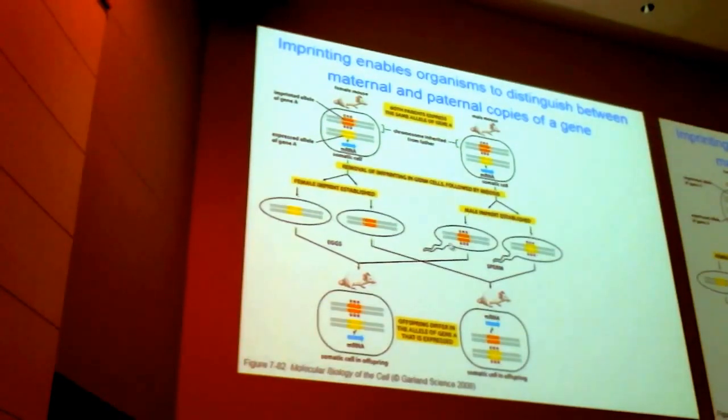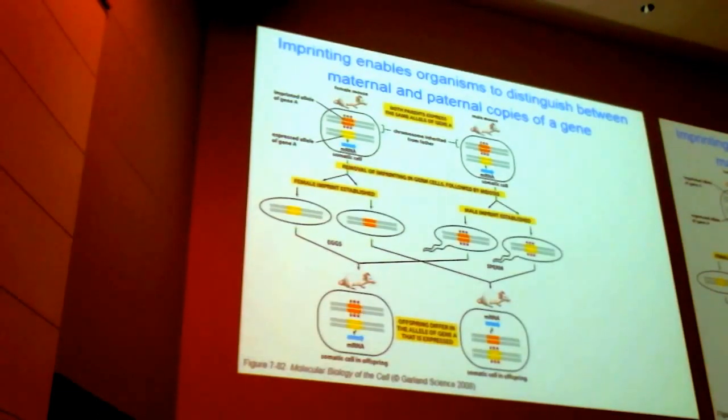Whereas in the male, you get imprinting where you have a methylation mark in all copies, both the paternally and maternally acquired. So in the next generation, the same thing gets reconstituted irrespective of what the color is. If this is orange or yellow, it doesn't matter. It only matters where it came from. If it came from the mother, it gets expressed. If it came from the father, it is not expressed.